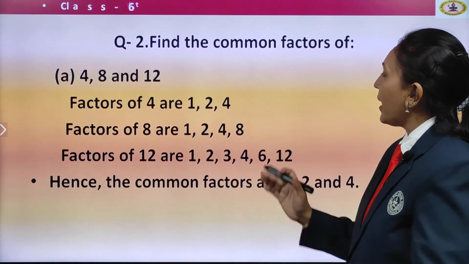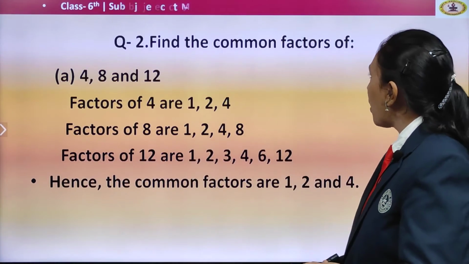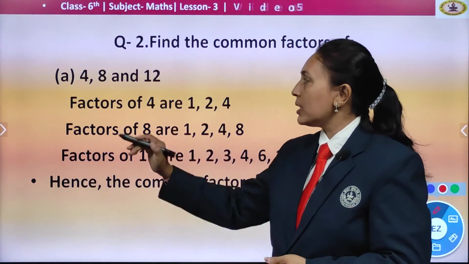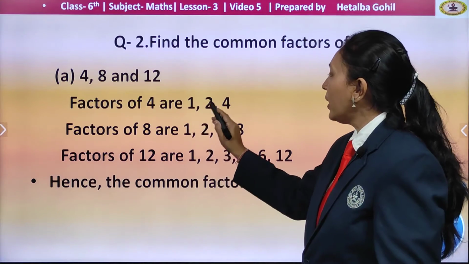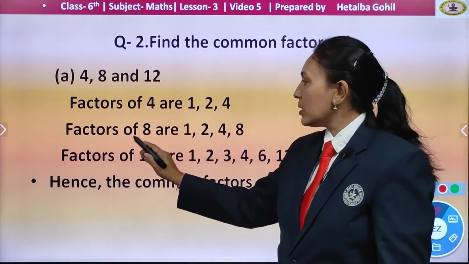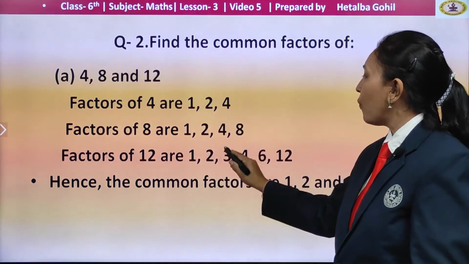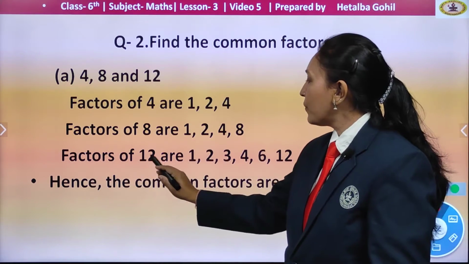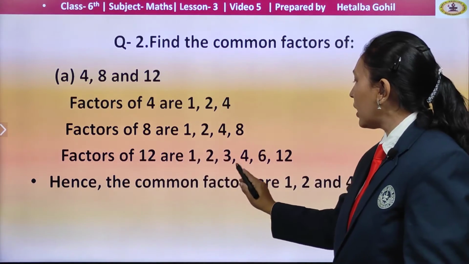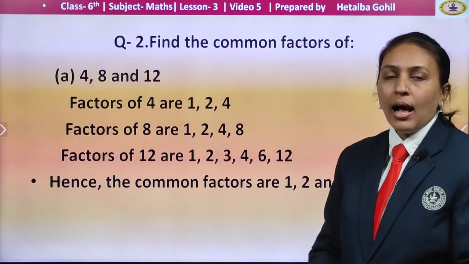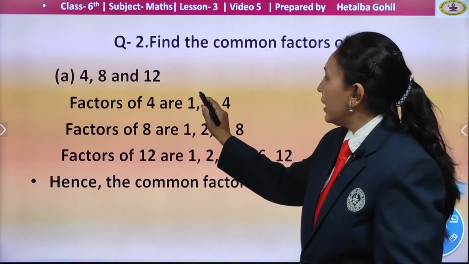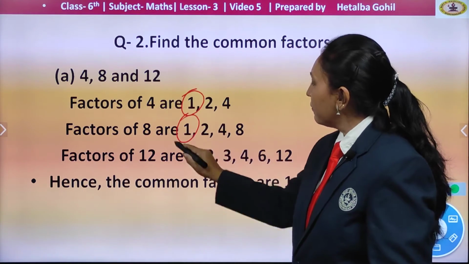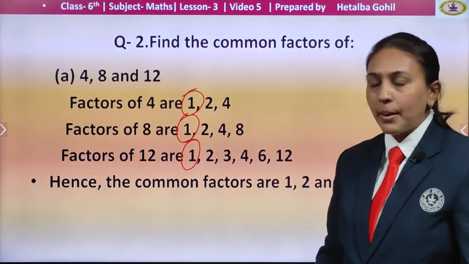Now next, again the same, we have to find the common factors among the three numbers given: 4, 8 and 12. The factors of 4 are 1, 2, 4. Factors of 8 are 1, 2, 4, 8. Factors of 12 are 1, 2, 3, 4, 6 and 12. After listing the factors, children, to find the common among them, let us have 1, which is the common factor of all the numbers.